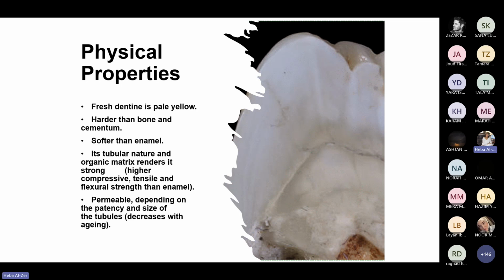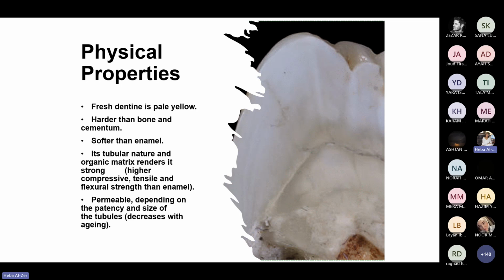As you can see in this picture, there's a big difference between dentine and enamel. The enamel is whiter than dentine. The dentine is yellow and pale. It is harder than bone and cementum, but it's less hard, of course, than the enamel. It has tubular structure. There's tubules here.